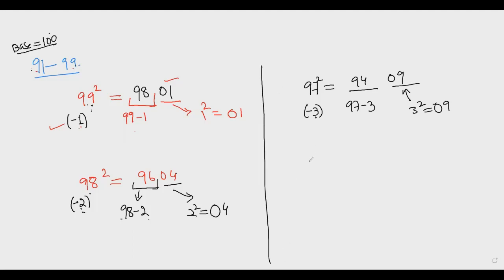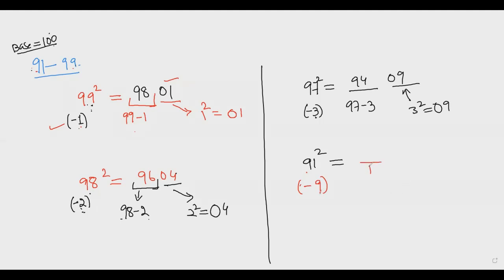For practice purposes, let's do it one more time. Tell me what is 91 square. 8281. Because if you compare 91 with respect to 100, it is 9 less than 100.